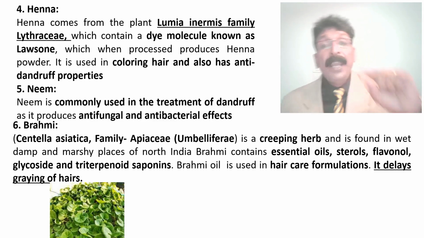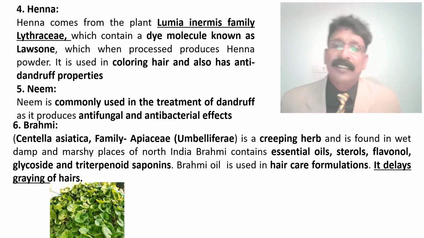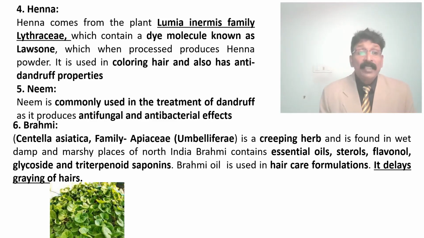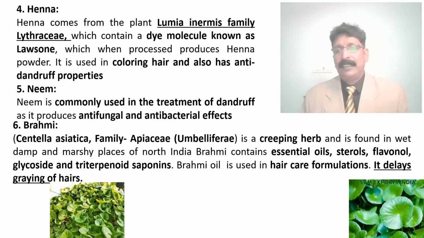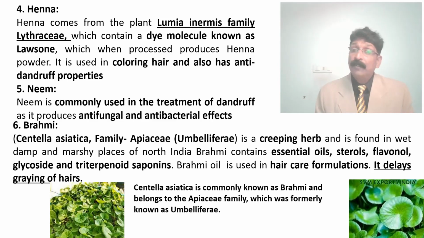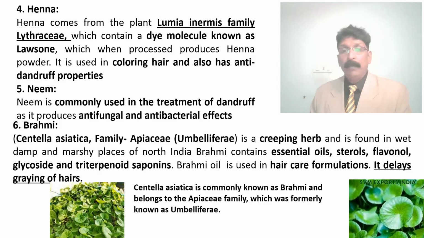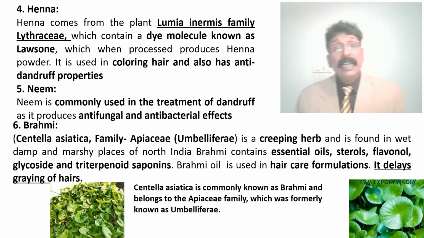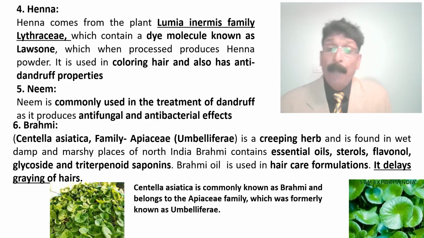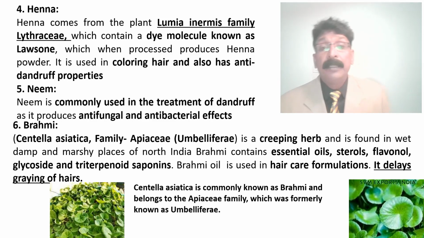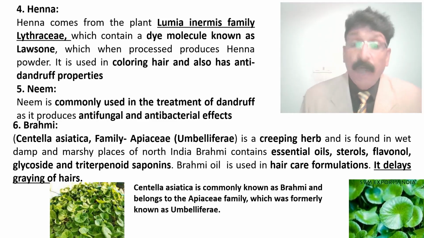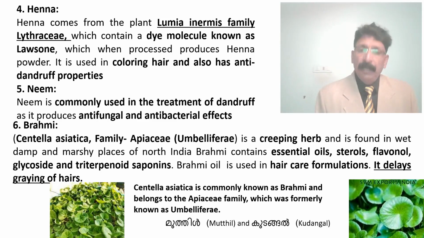Brahmi oil is used in hair care formulation. It delays graying of hair. This is the leaf, an interesting leaf which we can see here. Centella asiatica is commonly known as Brahmi and belongs to the Apiaceae family, which was formerly known as the Umbelliferae family.